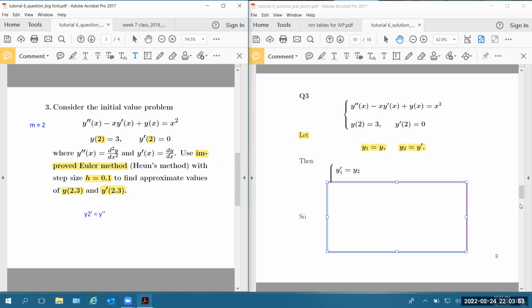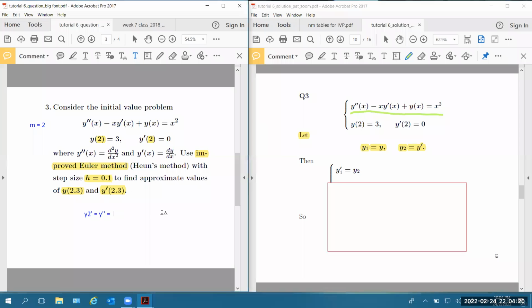How to get y double prime from this question? Can you all see? You'll get it from our first equation here.